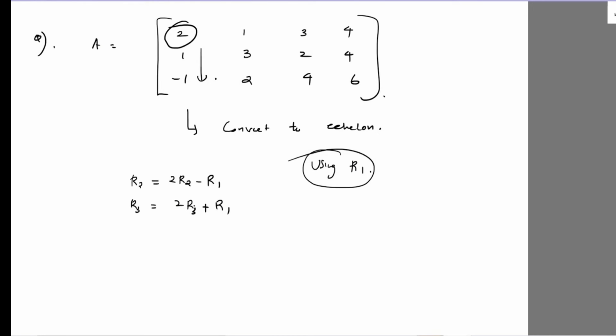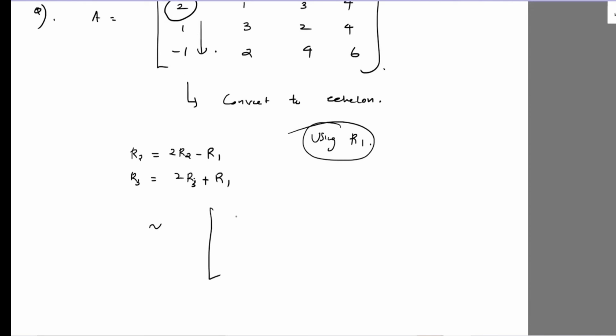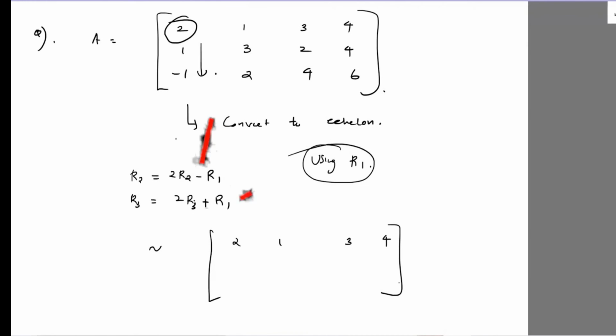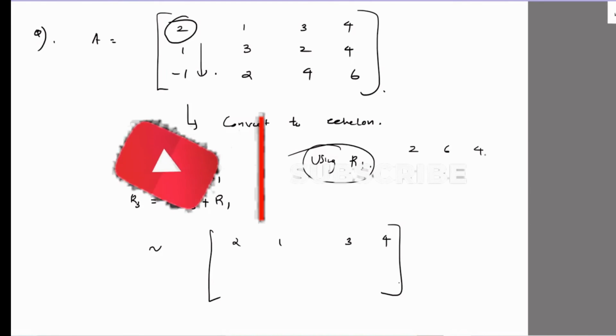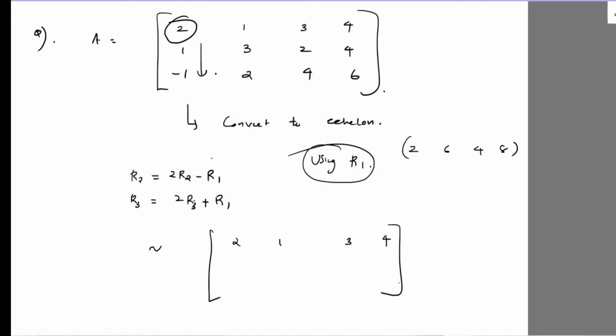So this will convert the matrix into 2 1 3 4. What will be the next row? Next row is 2R2 minus R1. 2R2 means 2 6 4 4 8, and R1 is 2 1 3 4. By subtracting, we get 0 5 1 4.